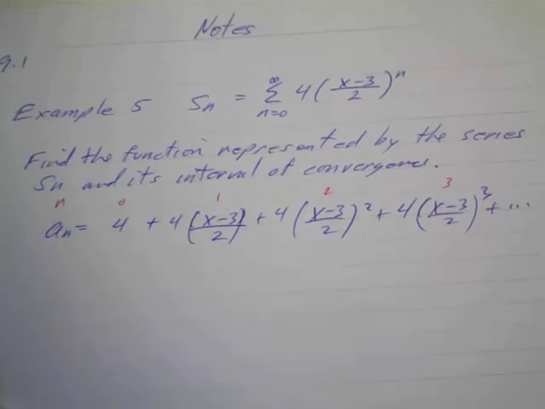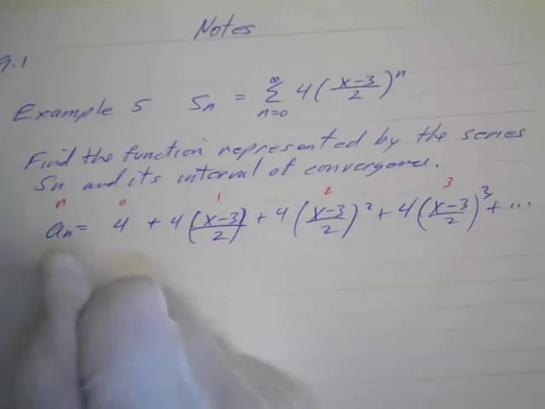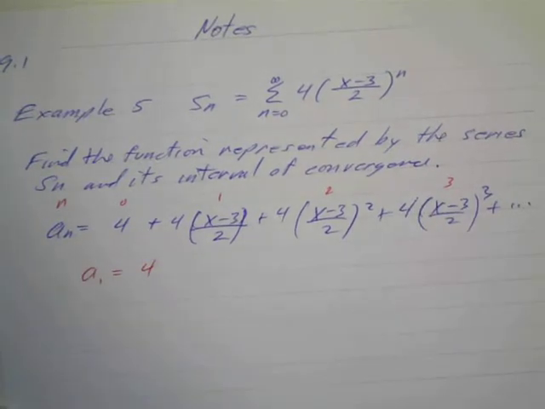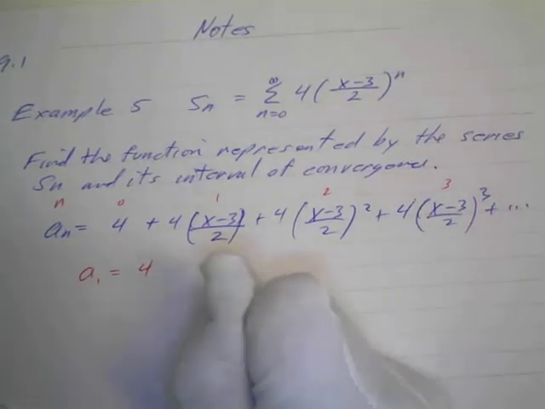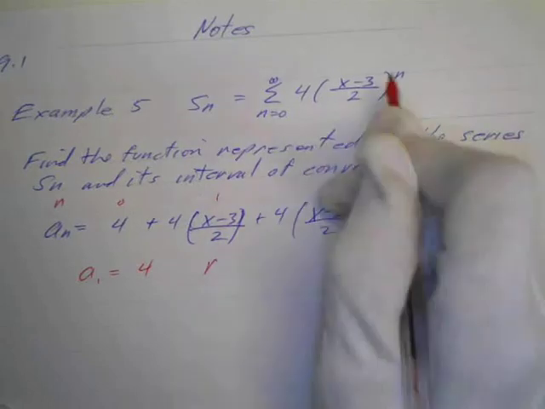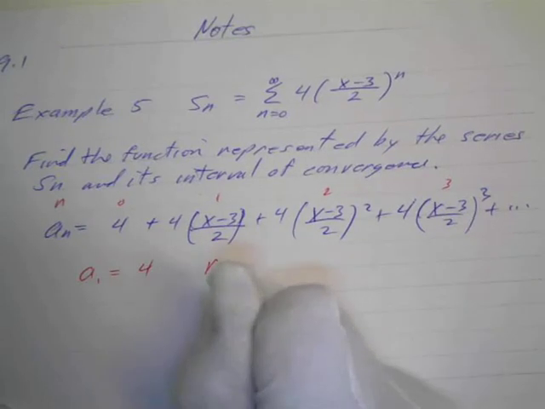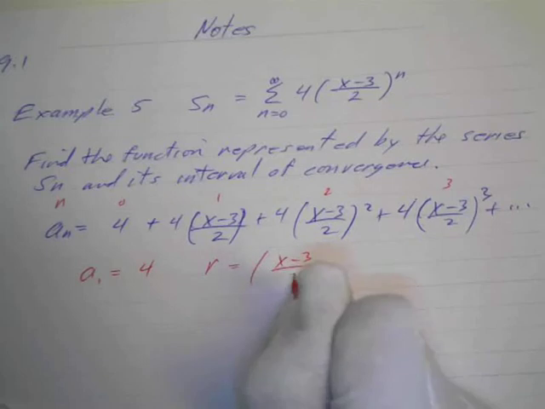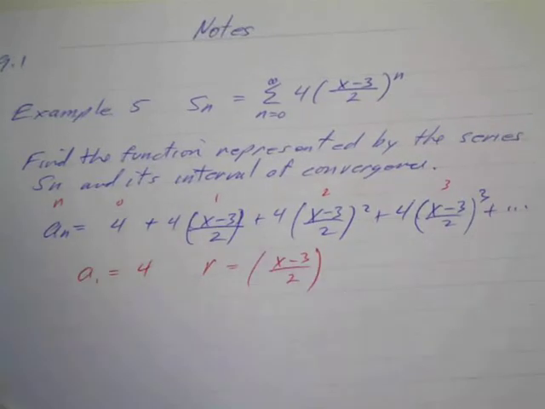So it's easy enough to see that a is going to equal 4. That's our a sub 1, our first term. And then our common ratio is just going to be this factor, (x minus 3) all over 2. It's repeated, and I can put parentheses around it if I want.